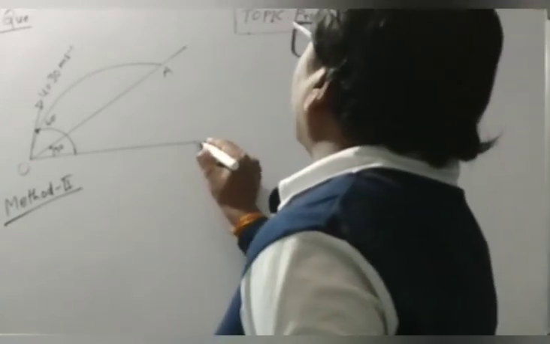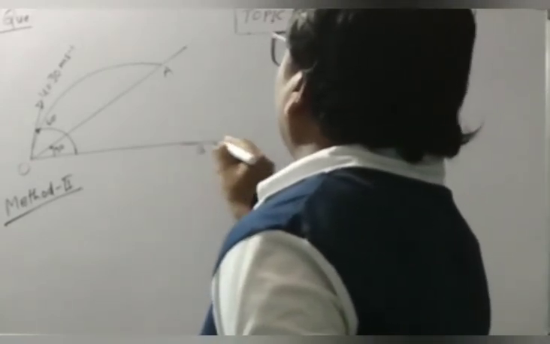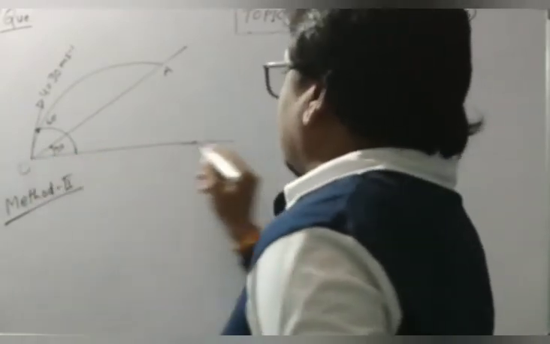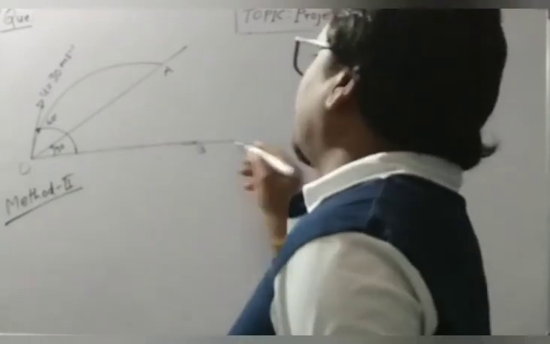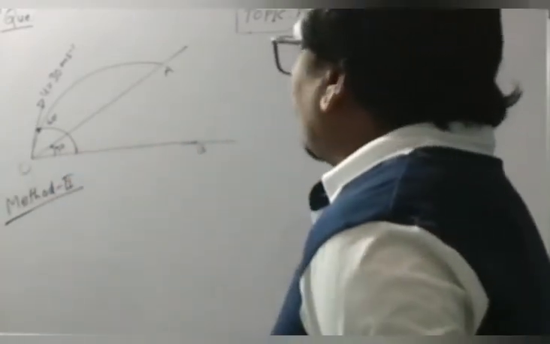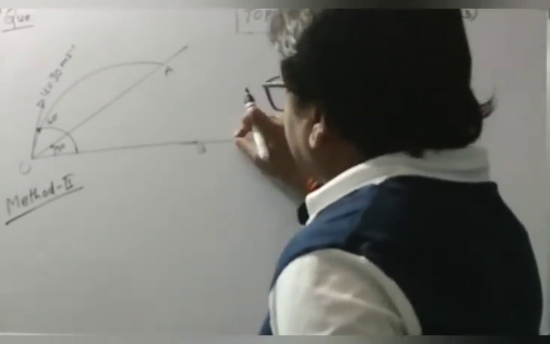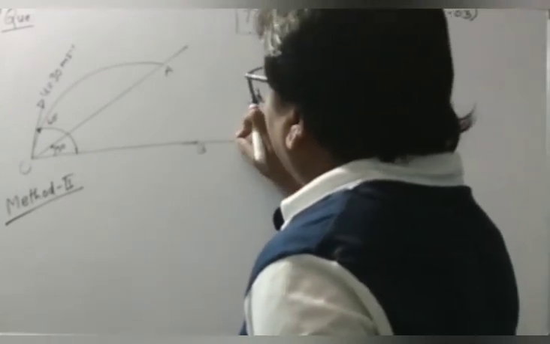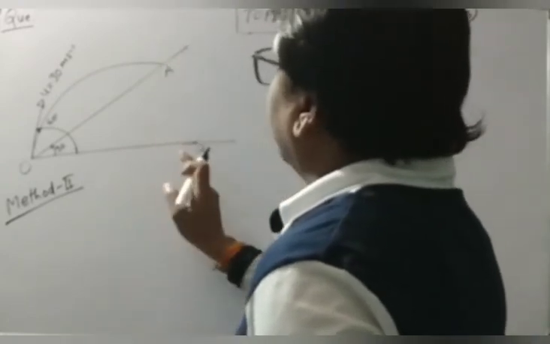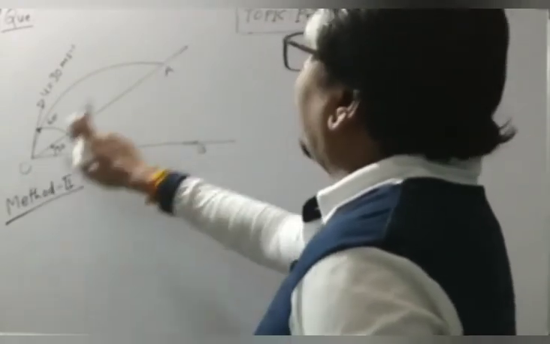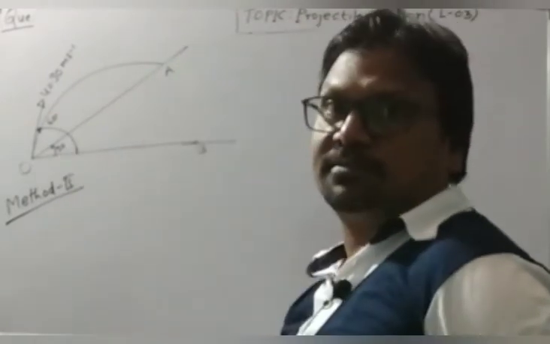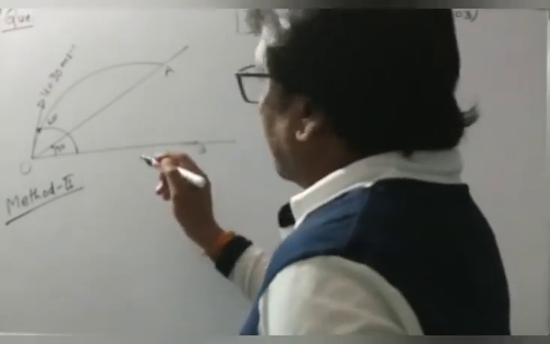Suppose this horizontal line OB, this is basically the horizontal line, or you may consider it as the x-axis. Let us suppose this x-axis or OB line has been raised up to the point A, so that the OA line is making an angle of 30 degree. Okay, dear.